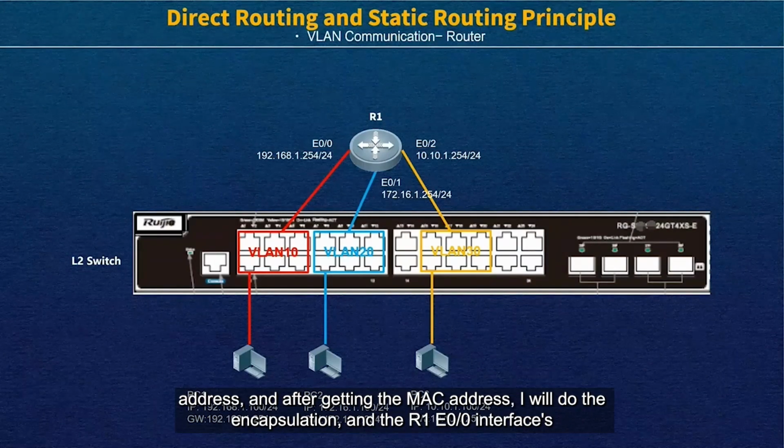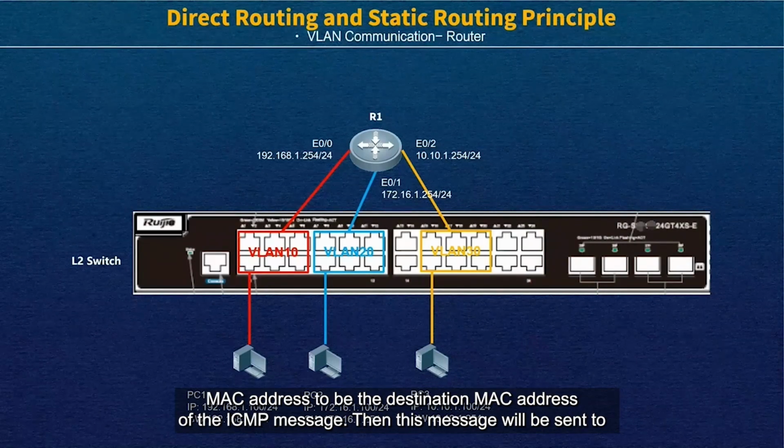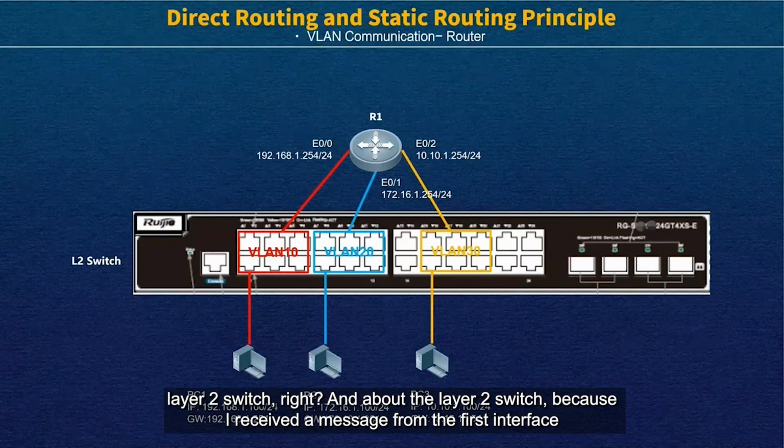And after getting the MAC address, I will do the encapsulation. Add the R1 Ethernet 0/0 interface MAC address to be the destination MAC address of the ICMP message. Then this message is sent to the L2 switch, right?